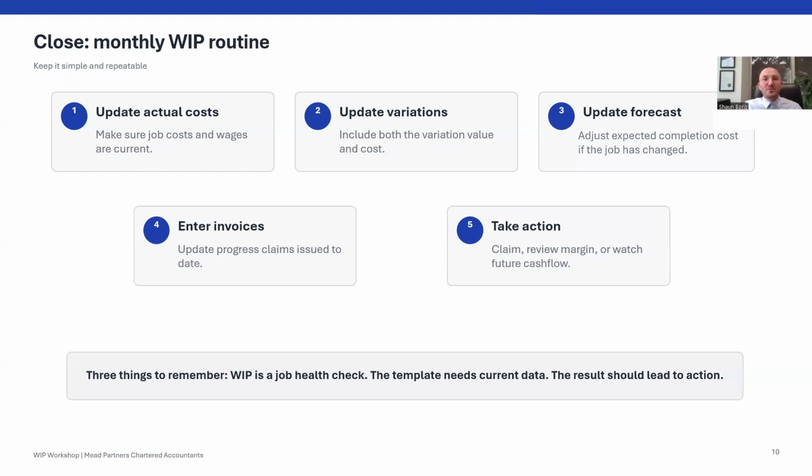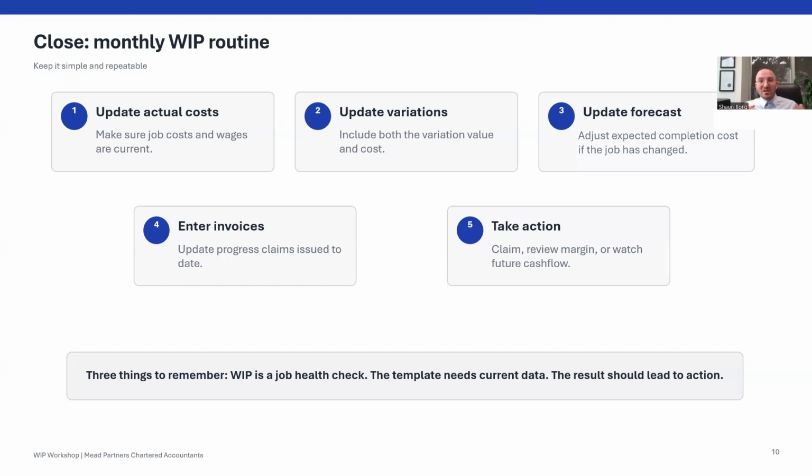Can WIP be calculated at a company level instead of a job level? If not, what if my job costs are not up to date? It can, but WIP should always be built up from job level first. And the reason for that is one job might be underclaimed by 80K. Another job might be overclaimed by 60K.